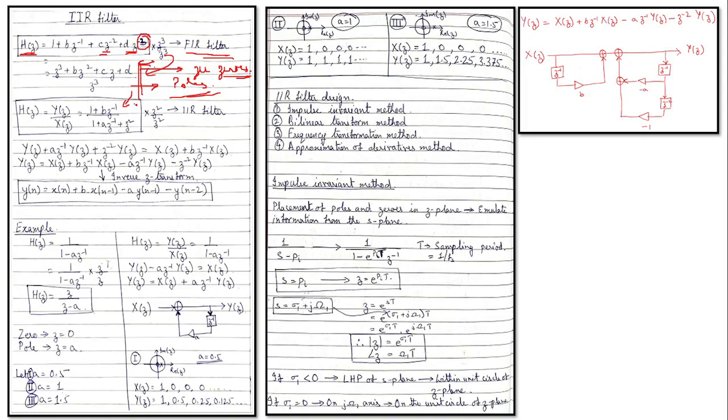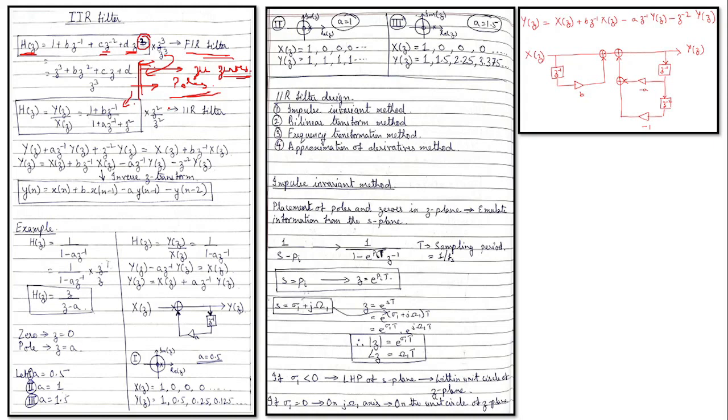The order of the filter is 2, hence we have to multiply both the numerator and the denominator with z squared. Okay, now in the numerator I have taken 1 plus b z inverse. You could have taken 1 plus b z inverse plus c z to the power minus 2, it doesn't affect what I want to say. Again the order would have been the same, because we will be looking into the highest order of z inverse both in numerator and denominator.